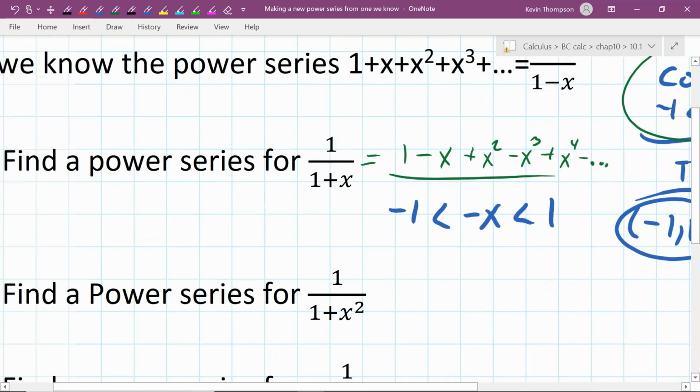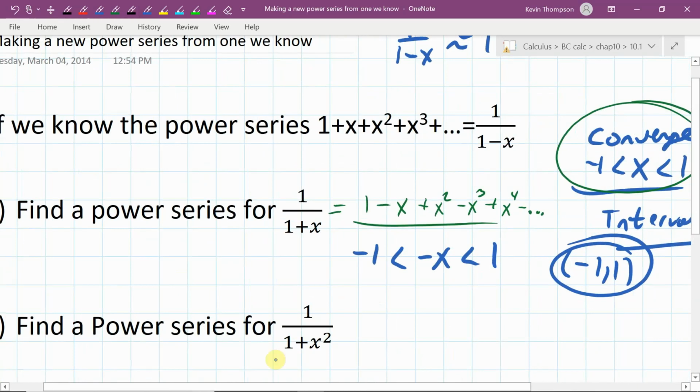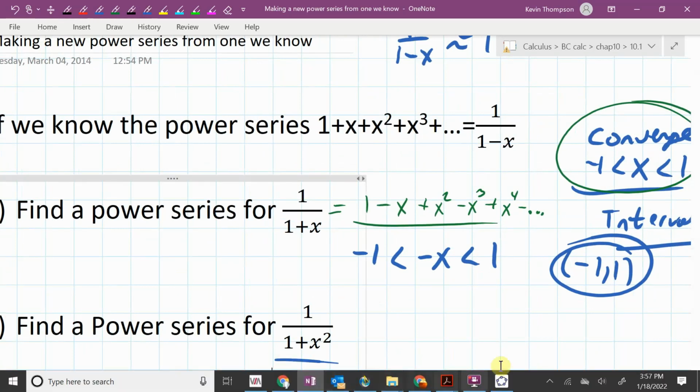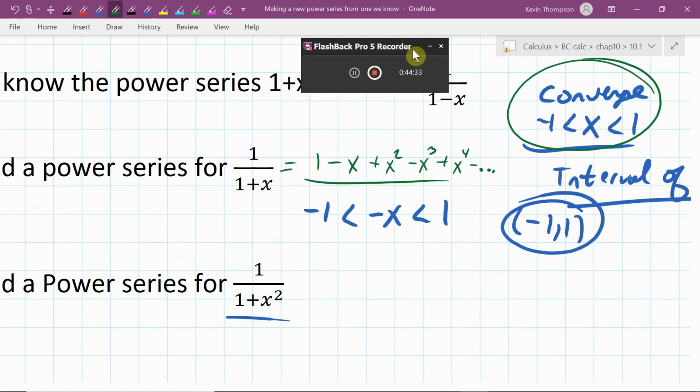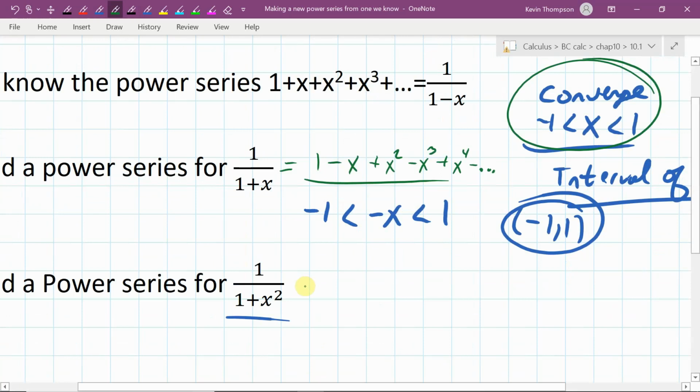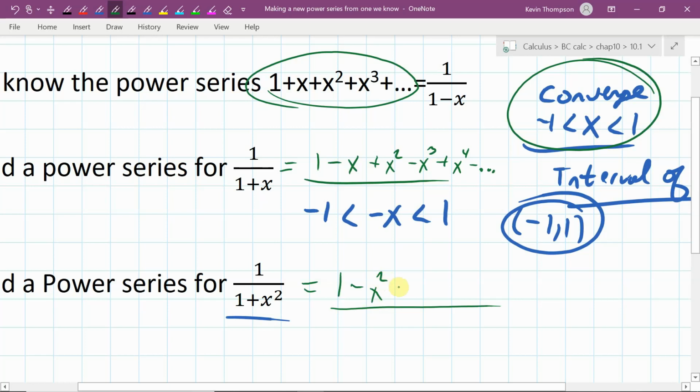Let me try this one. Try this one at your table. So what do we think? So there's this kind of closed form of it. What would this side look like? 1 minus x squared plus x to the fourth minus ... plus ... so on, so on.